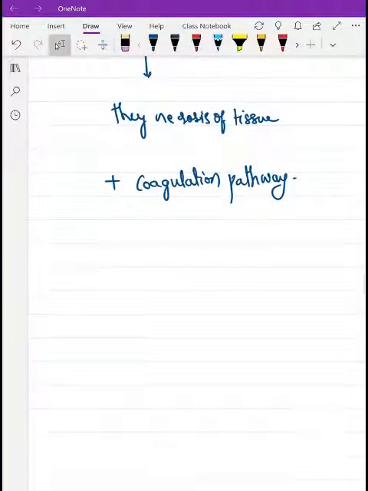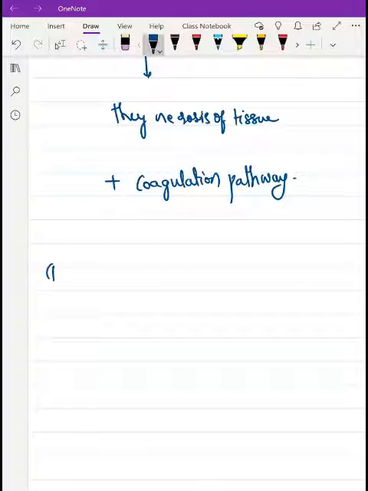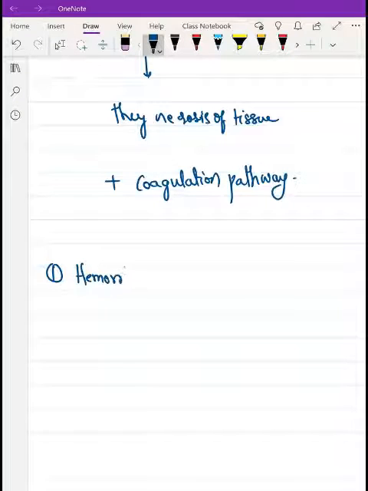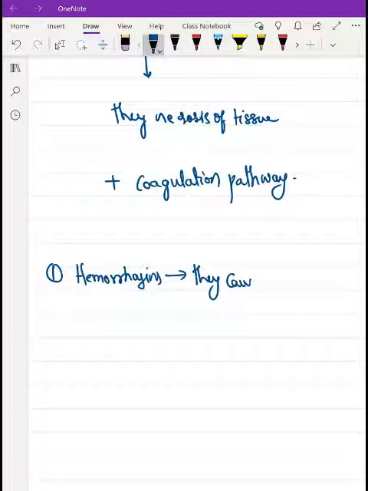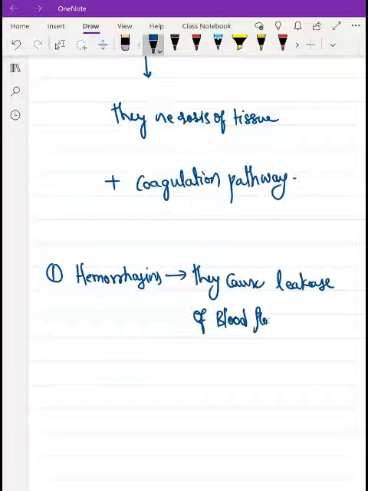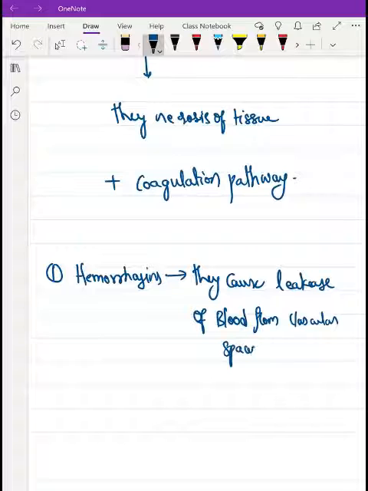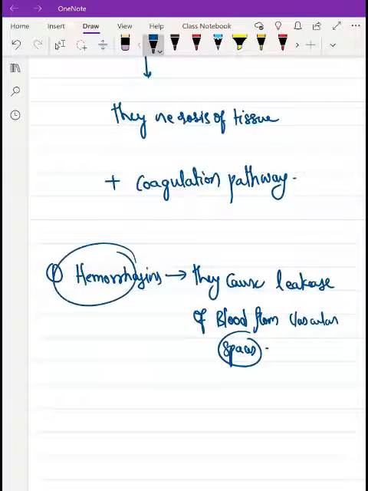What are the main proteolytic enzymes present in the venom of the snake? First one, hemorrhagins. In the name itself, it is there, hemorrhagins.